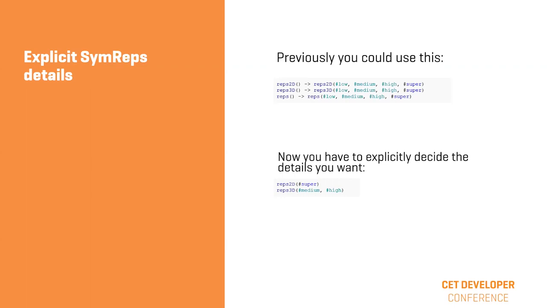This change has been done because we have seen that sometimes these are used without people deciding the details they want, so all of the details are created, which of course will cause performance issues. So now you have to refer to them explicitly.